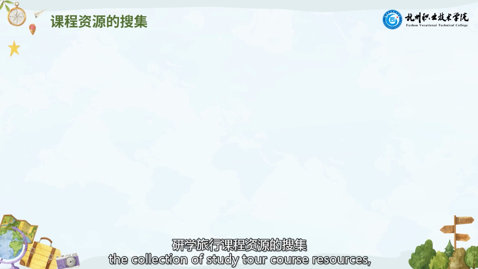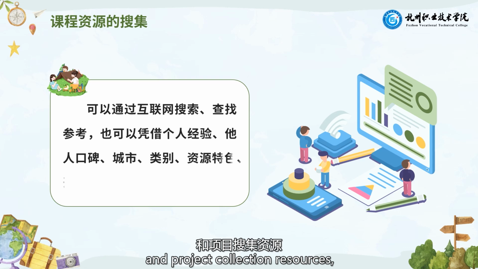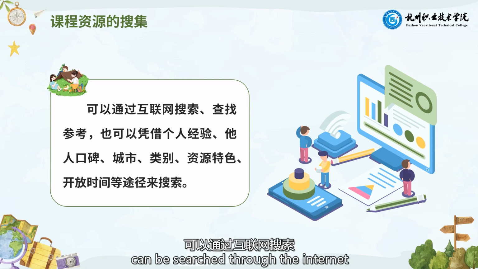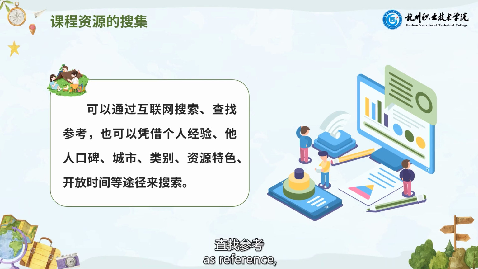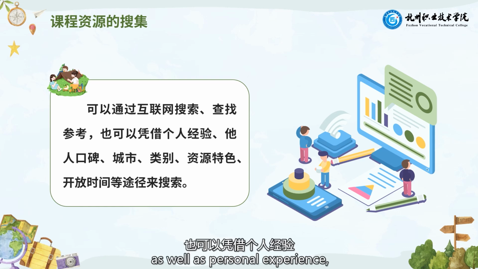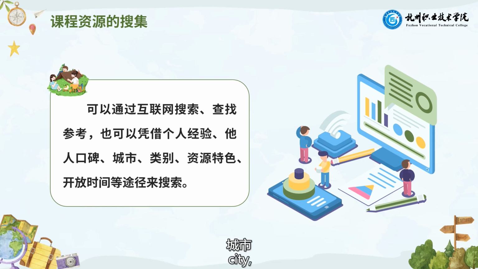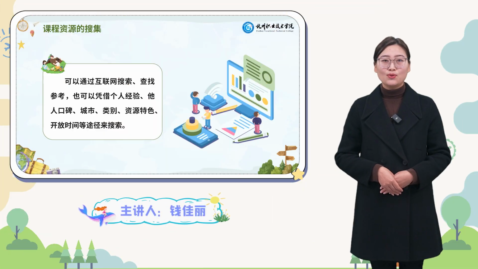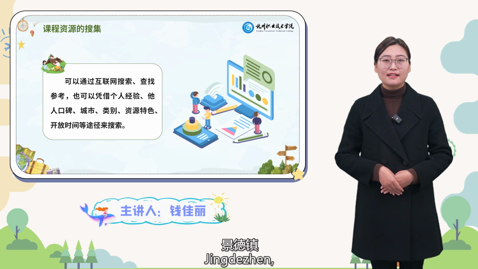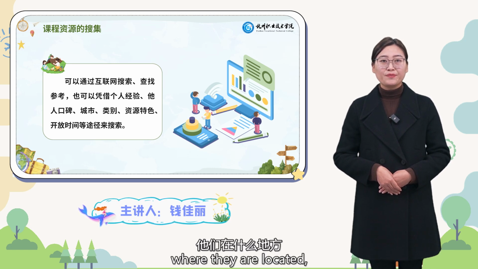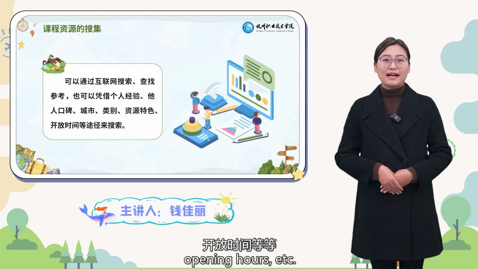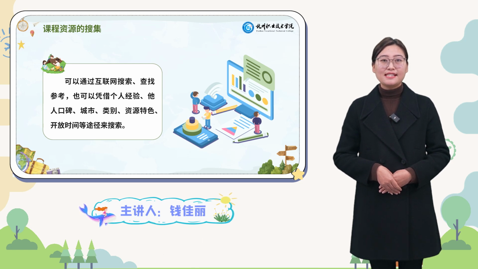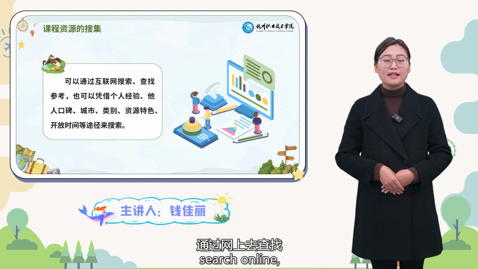Lastly, the collection of study tool course resources: through different collection methods, resources can be searched through the internet as reference, as well as personal experience, word of mouth, city, category, resource characteristics, opening hours, etc. For example, Longhu Mountain, Jinggangshan, Jingdezhen: where they are located, what type they belong to, opening hours, etc. At the same time, we can also search online.